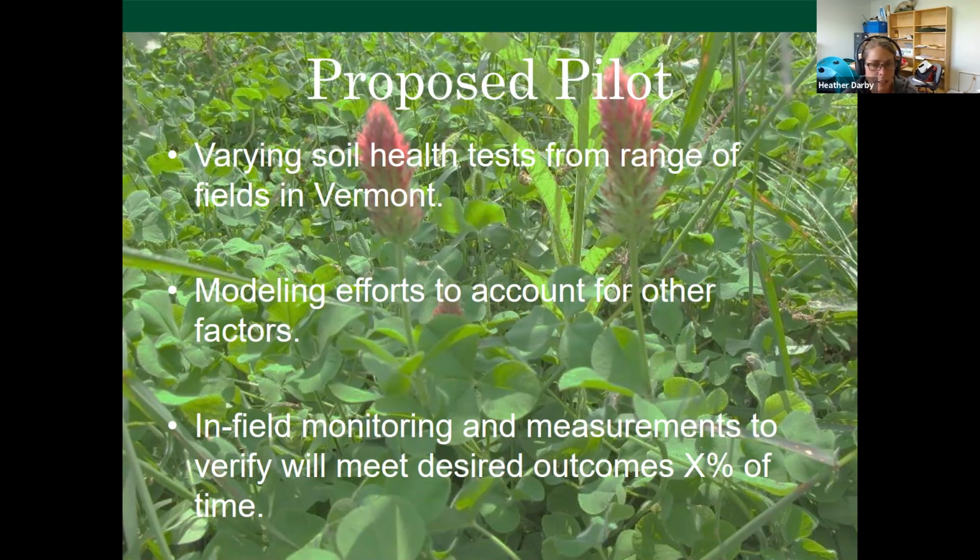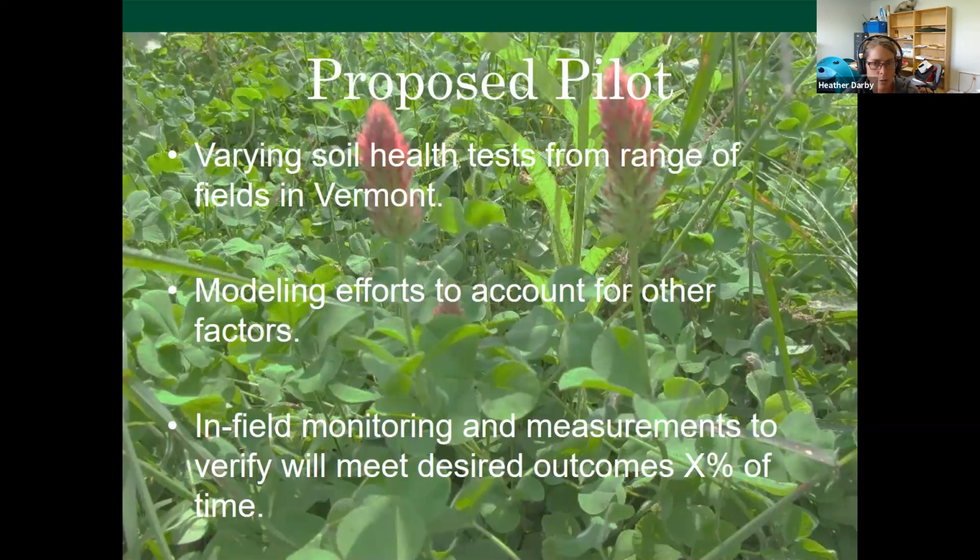But what we really need to do is verify what we're going to get with that. What's going to be the outcomes of using the soil health test with a score that we select, or some range of scores, in addition to the RAPs? What are the actual outcomes?